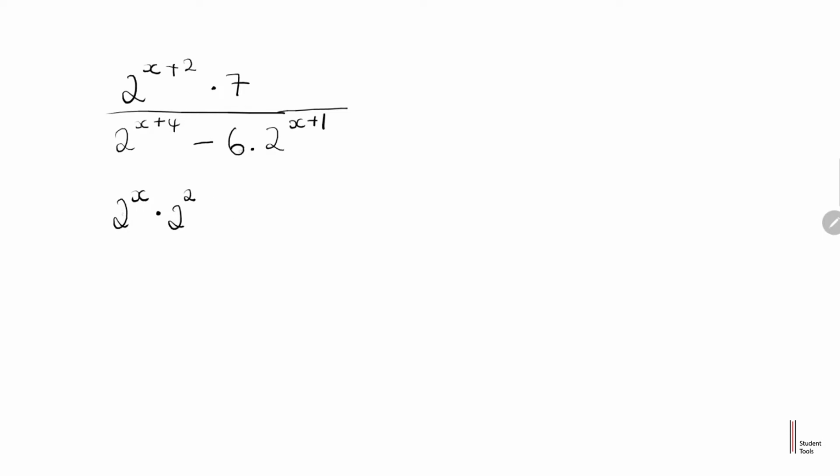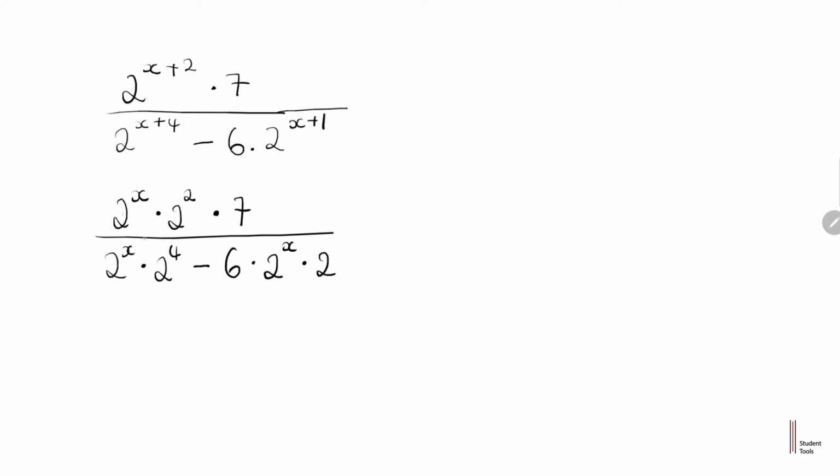And then we bring the 7 multiplied by 7 over 2 to the power x multiplied by 2 to the power 4, minus 6 multiplied by 2 to the power x multiplied by 2 to the power 1. So we don't really have to write the 1. We can just write the 2. All right. So what can we do next?